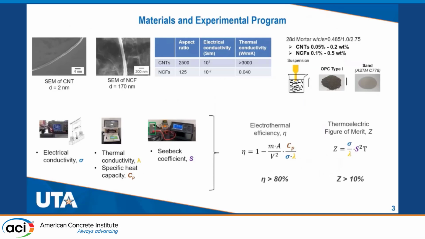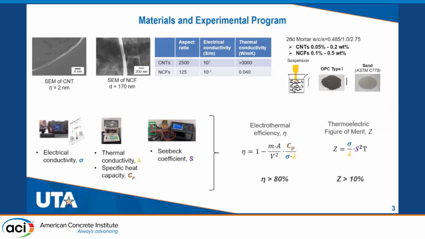So, for this presentation, we prepared 28-day cementitious mortars reinforced with nanomaterials with different intrinsic conductivity, such as carbon nanotubes with high electrical and thermal conductivity, and nanocellulose fibers, which are insulators with very low electrical and thermal conductivity.